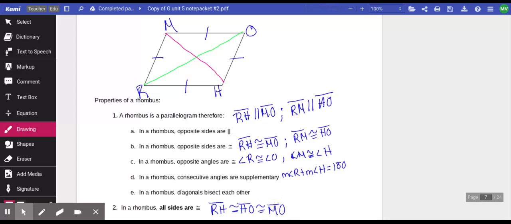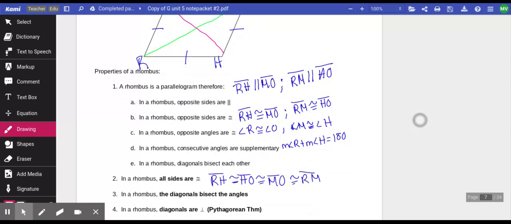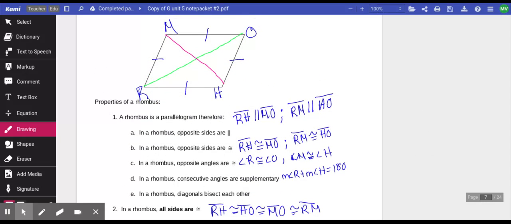And then I also know that the diagonals bisect the angles. So this green line here cuts angle R into two angles that are equal, and it does that to all the angles. So these two are equal, and these two are equal.